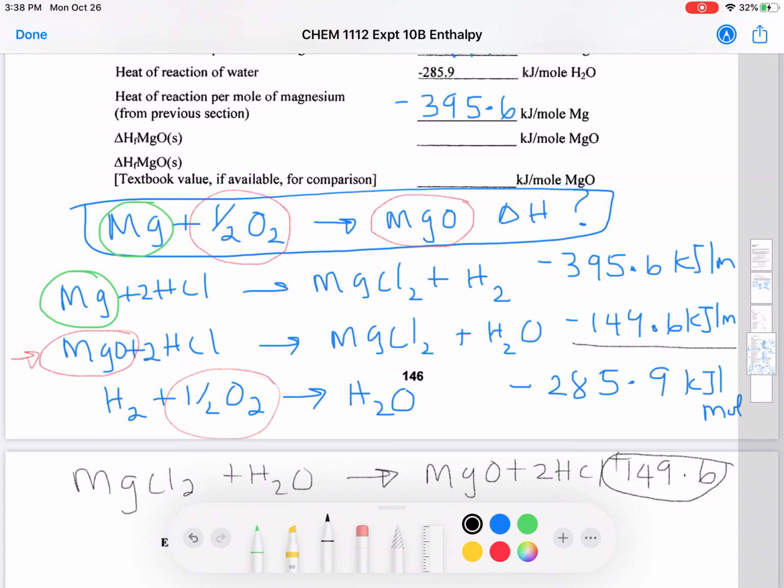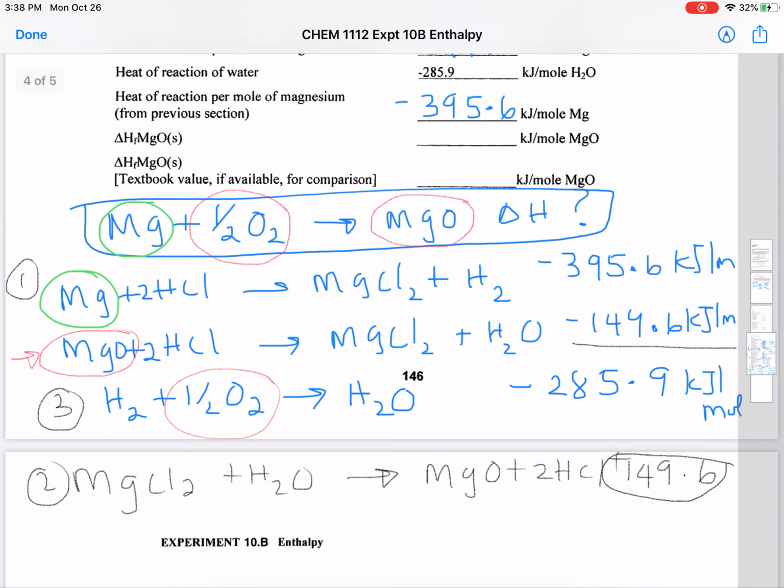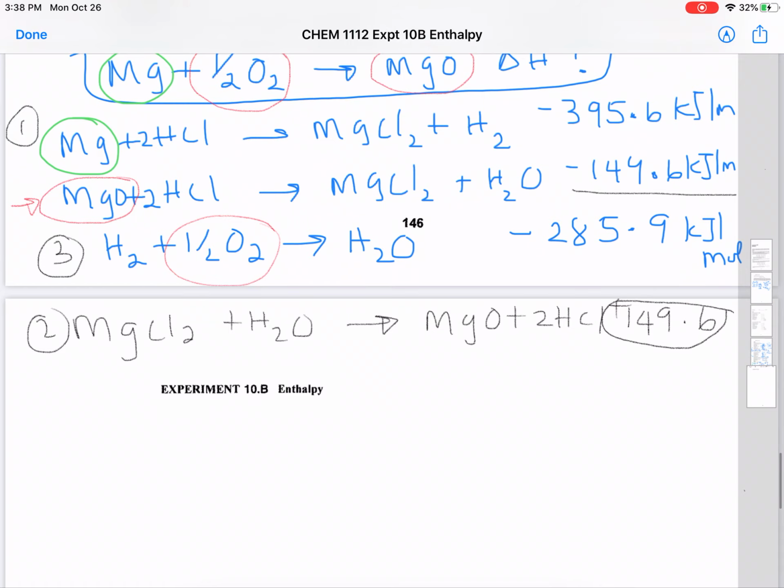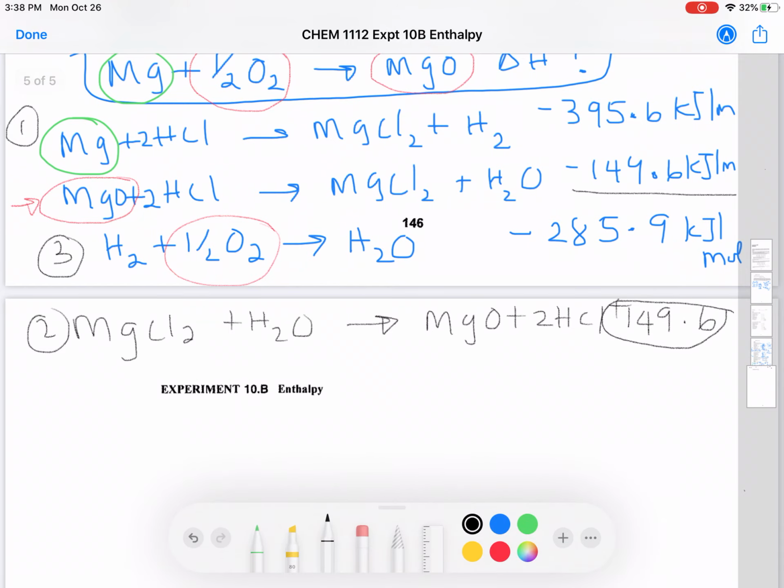Now when you add the three reactions, when you add these three together, you will get your final reaction. 1, 2 and 3. Okay, so when you add 1, 2 and 3, in 1 we have magnesium on the left side, so you keep magnesium, plus it has 2 HCl, so we're going to cancel the ones that we don't need.